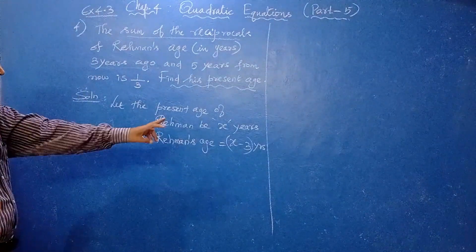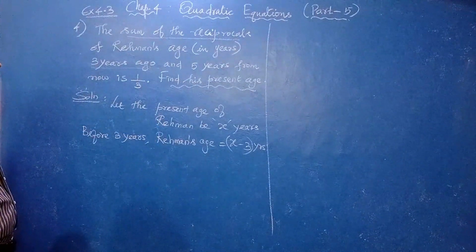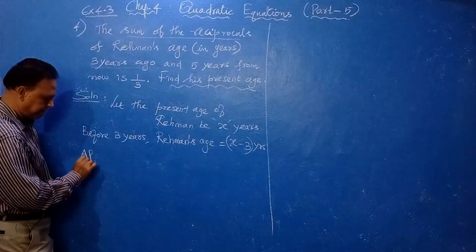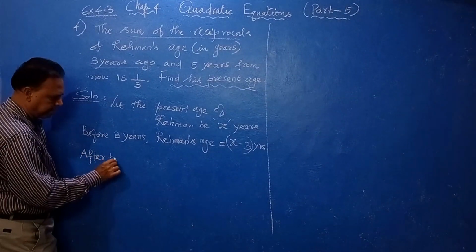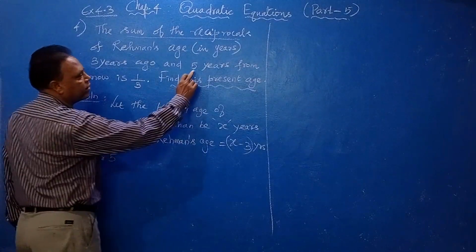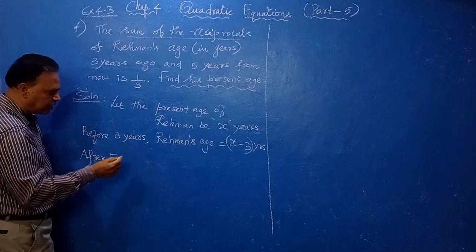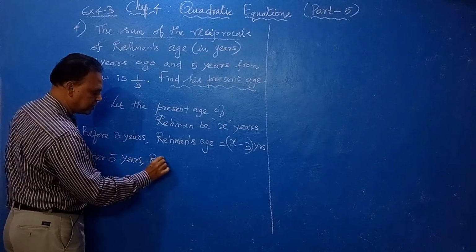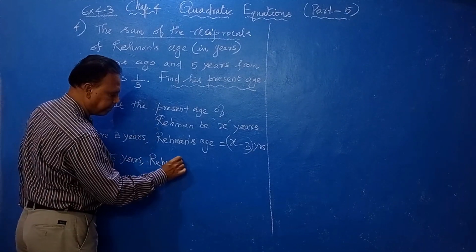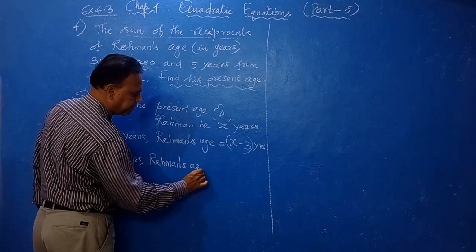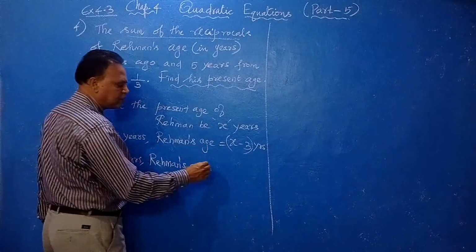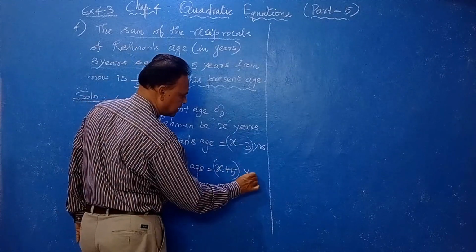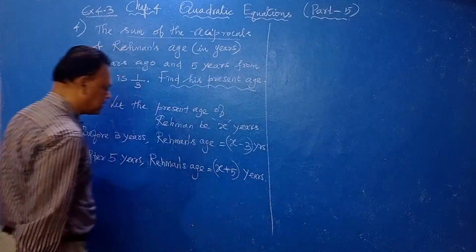Before 3 years, Rahman's age will be x minus 3 years. And 5 years from now means after 5 years. After 5 years, Rahman's age will be x plus 5, because after means plus.